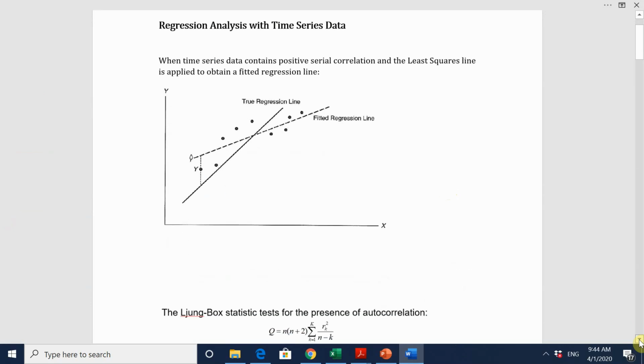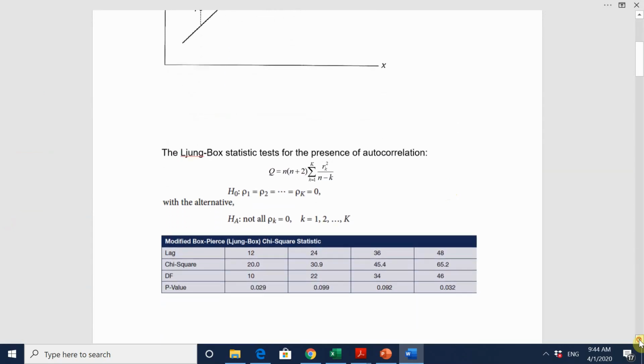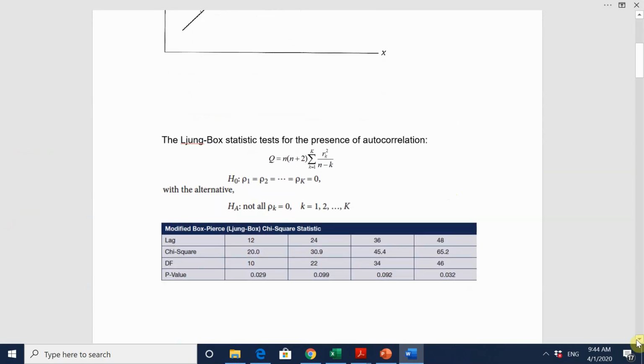Okay, well, before, we did look at the Ljung-Box statistic, or the Q statistic if you want, which is there to detect the presence of autocorrelation in your data, in fact in your residuals. So here, I just want to review with you the form of the Ljung-Box statistic. This is what it looks like.